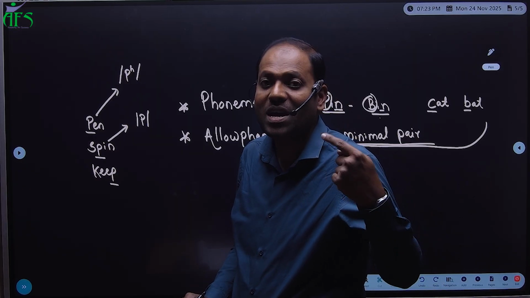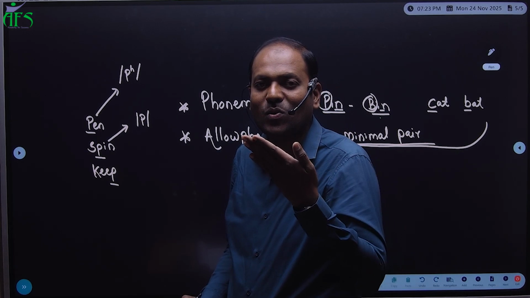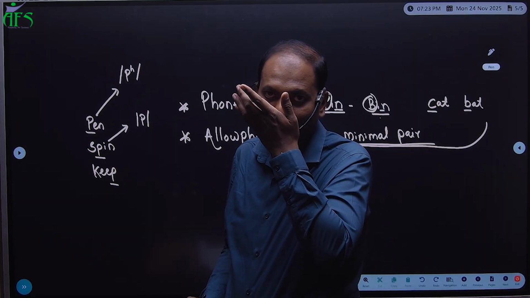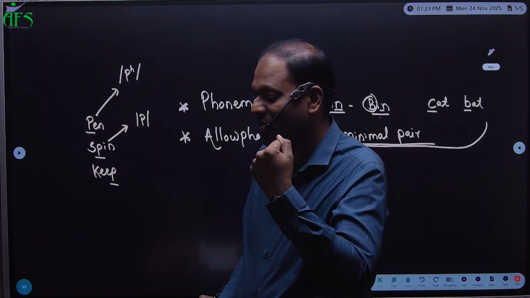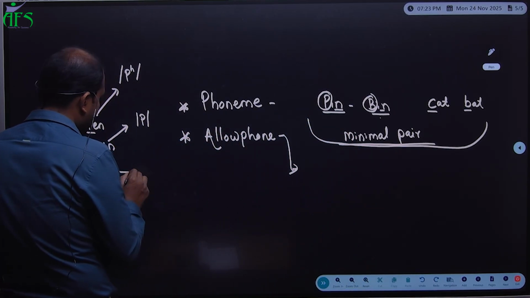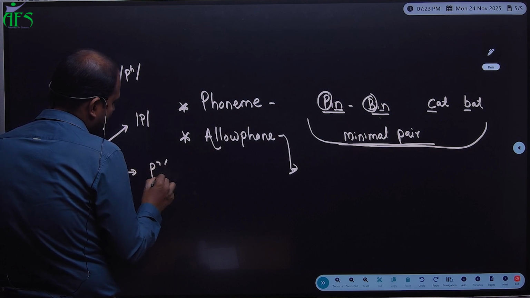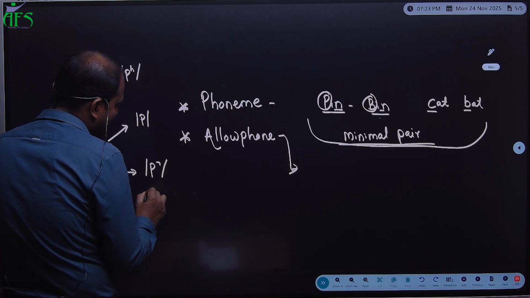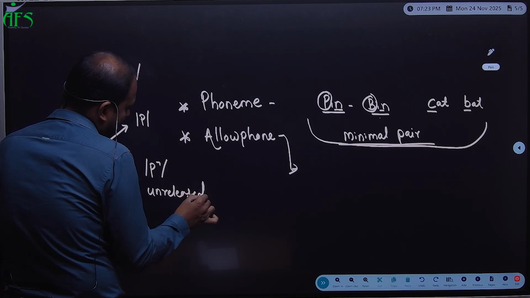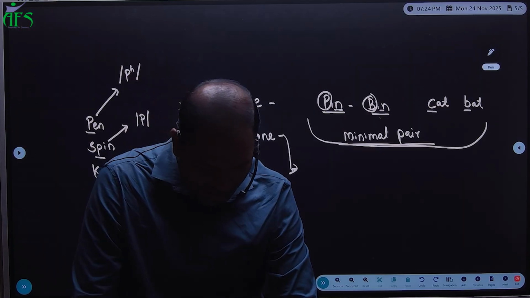For example, keep. The lips remain closed, but still that sound has been uttered. Keep. You got it? So this is called unreleased P.